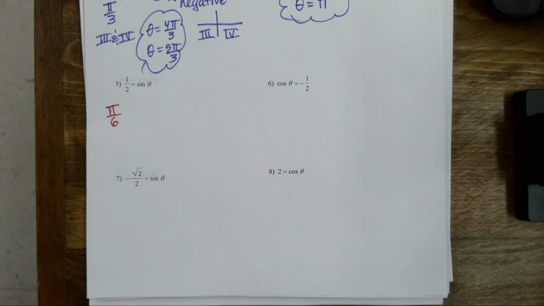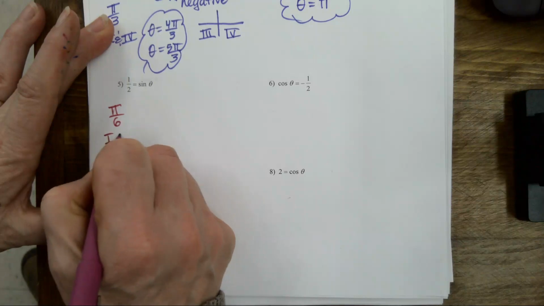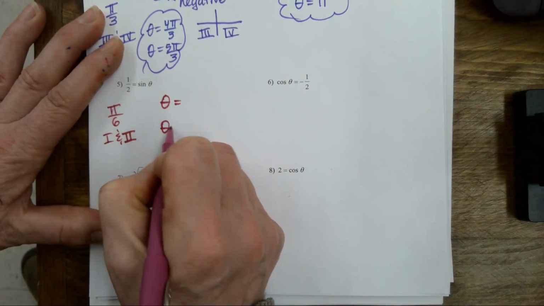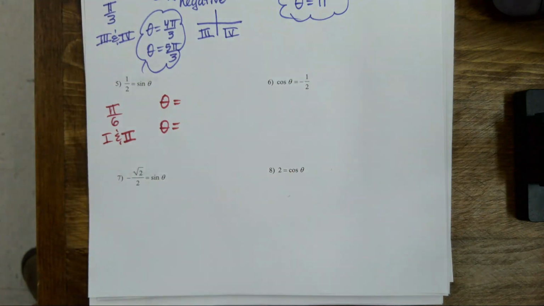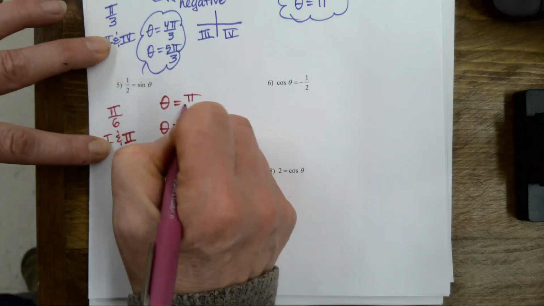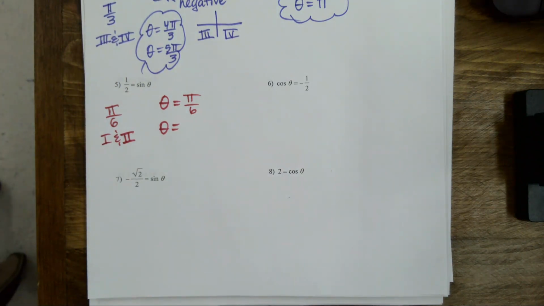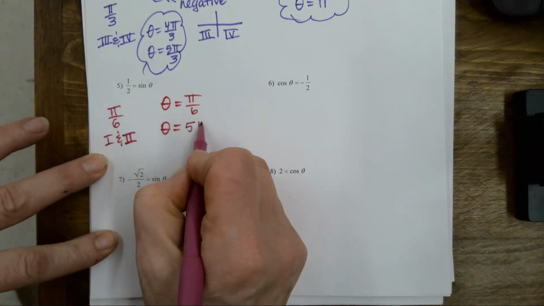In which quadrants is the value of the sine, or the y-coordinate, going to be positive? I heard a 1 and a 2. So my answers are the first quadrant, pi over 6. That's an easy one. And the second quadrant, pi over 6. That one I have to maybe do a little thinking on. Beautiful.